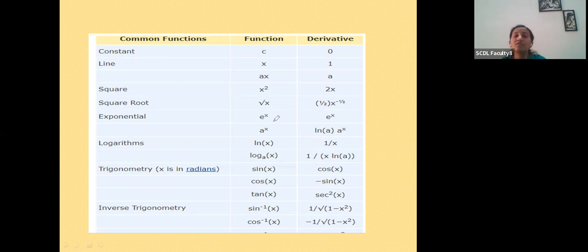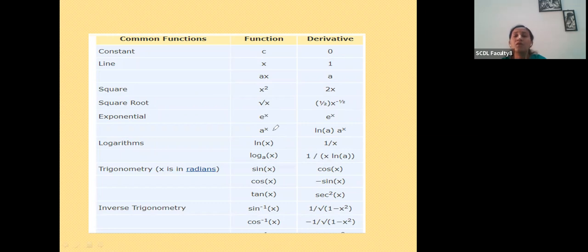Now when there is the derivative of the exponential, its value in the derivative will be the same. Means derivative of e raised to x is equal to e raised to x.